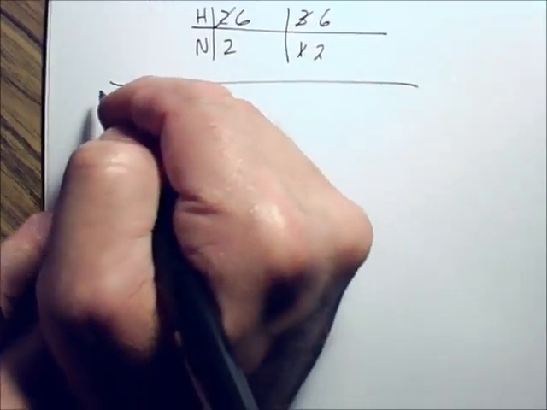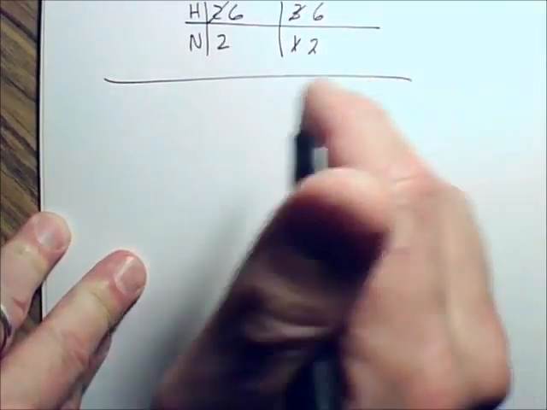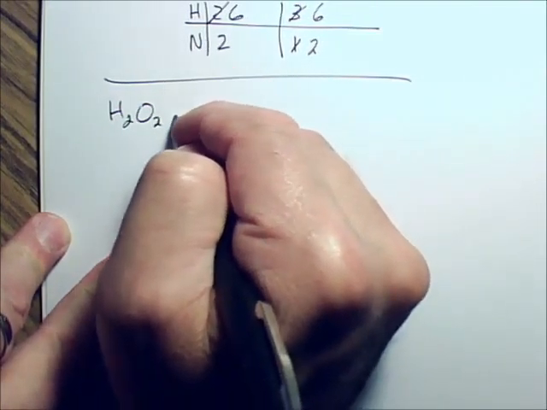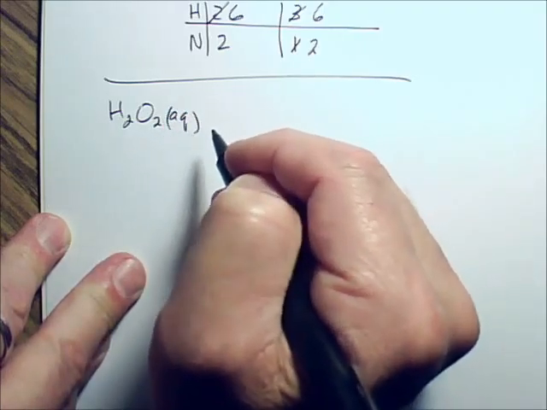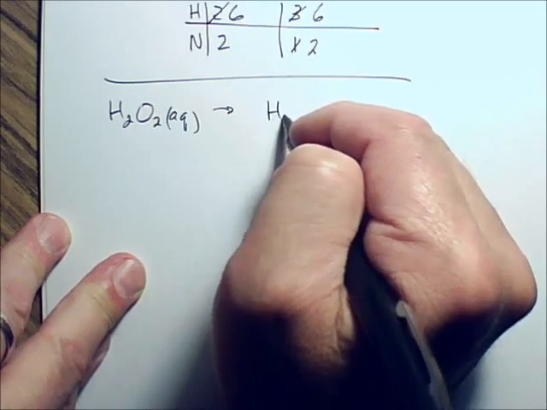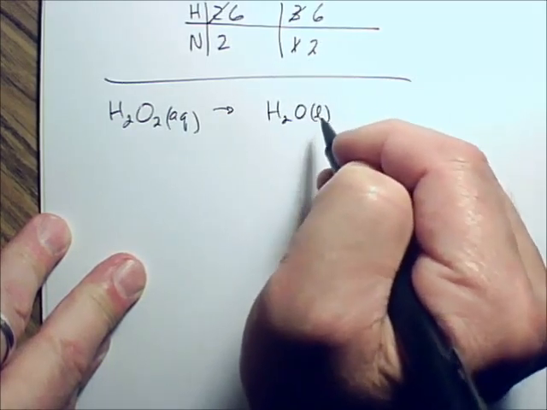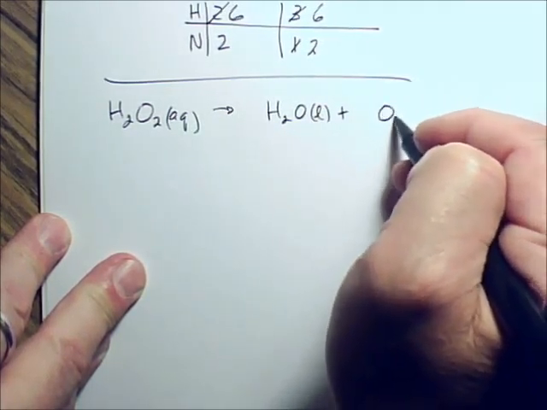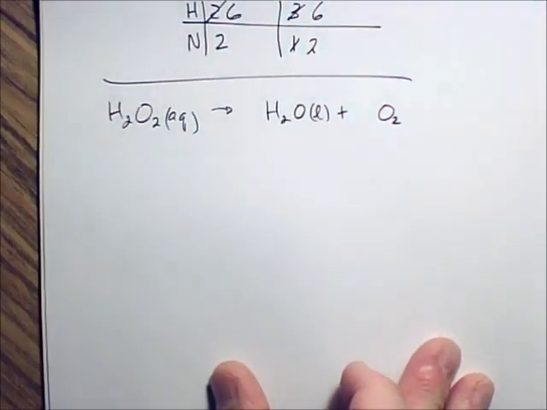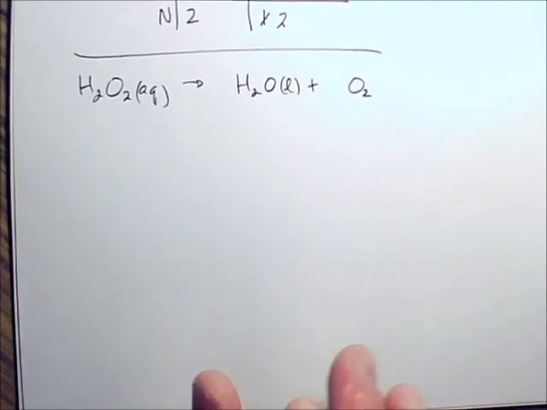91. H2O2 aqueous and H2O liquid plus O2. All right. This one also says include any missing physical states.